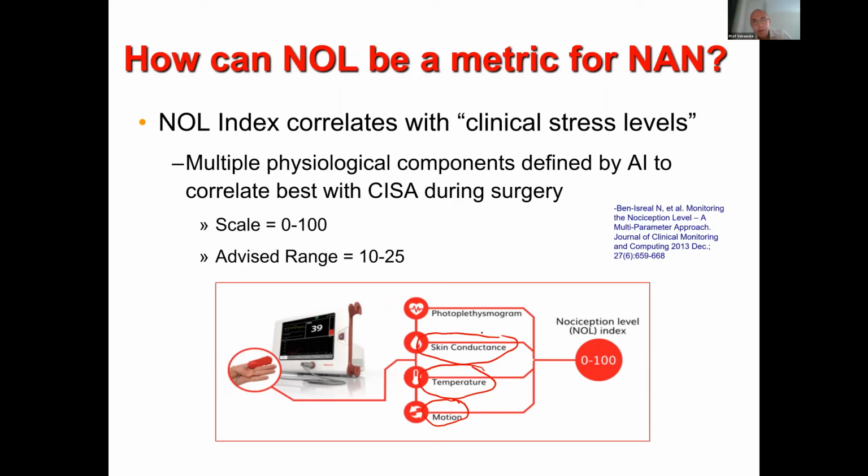It ended up with a NOL parameter that scales between 0 and 100. And the advised optimal range for surgical activity is a NOL that fluctuates between 10 and 25, sometimes a bit lower. I'll come back to that in detail.